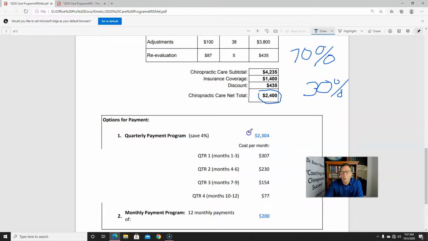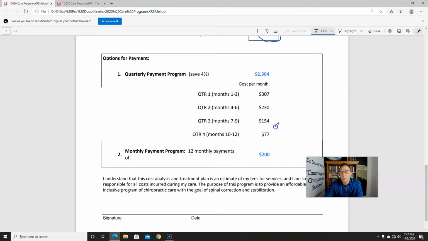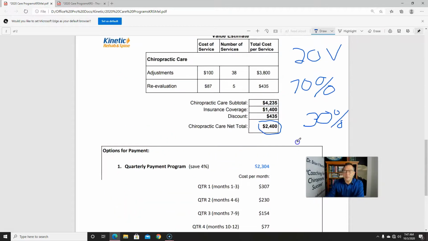So now we got the quarterly program. 2304, 4% off the 2,400. Now it breaks down quarterly. You can see how much higher the payments are. And then we have a quarterly payment of $200. So when you're putting this into your EHR programs or your EMR programs for billing, it makes it easy.